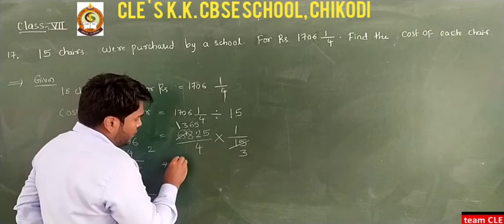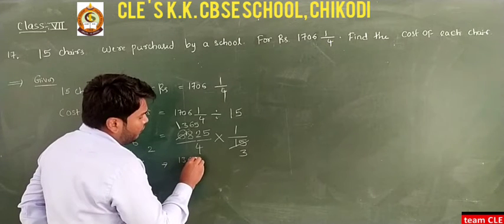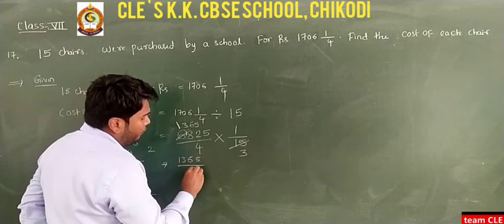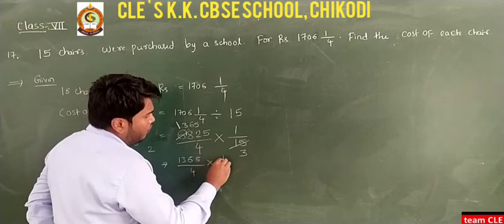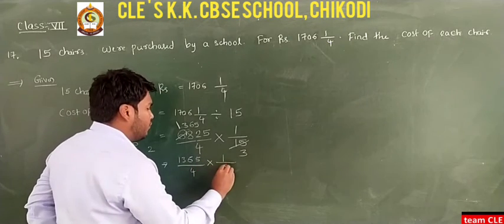So you can write this as 1365 by 4 into 1/3.